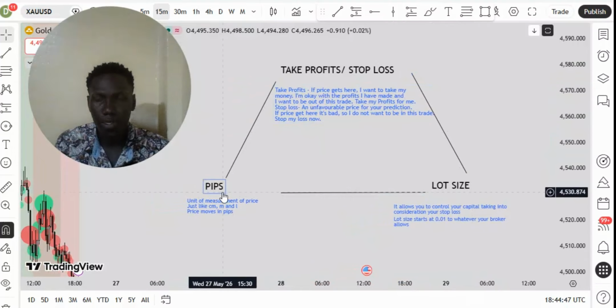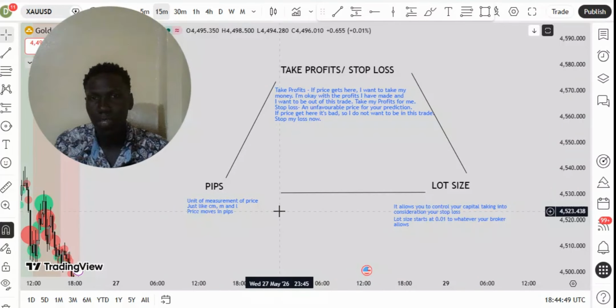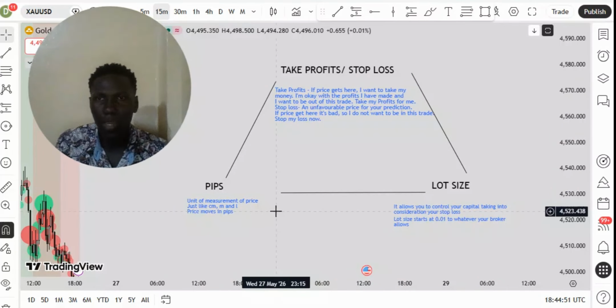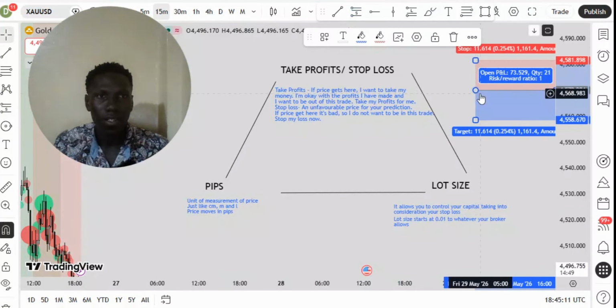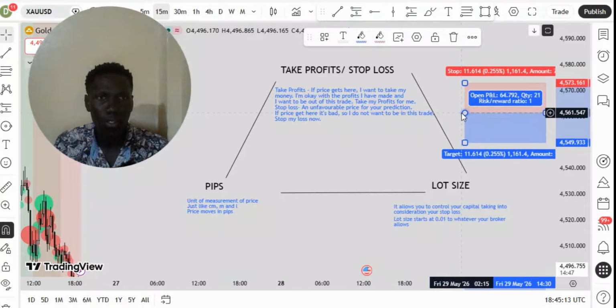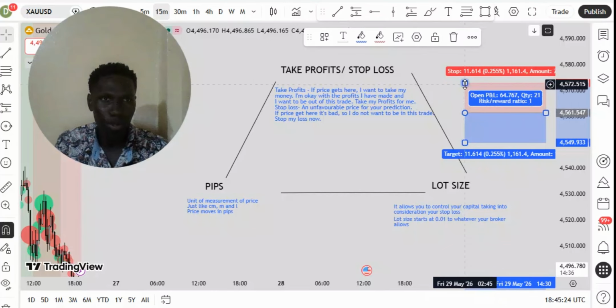Now, what are pips? Pips are basically the measurement of price. Just like you have centimeters and meters for length, pips are the measurement of price. So price moves in pips. You understand? For instance, these are the entry, 4,061.547, and now these are our stop loss.